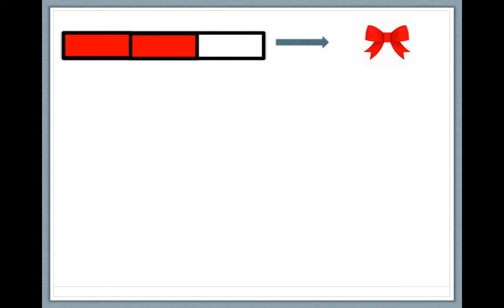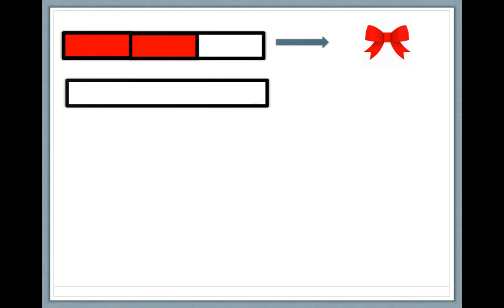Now for her second bow, she'll need another yard of ribbon. But this time she can use the 1/3 that's left from the previous ribbon and another third from the second ribbon to make a second bow. Now do you see there are some ribbons left?